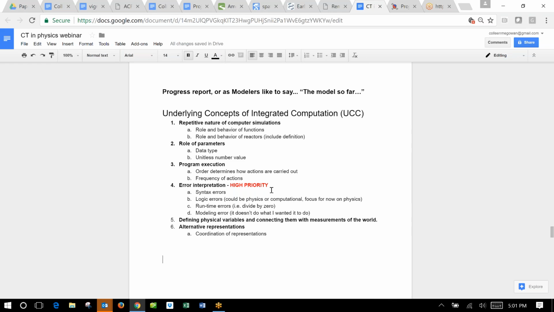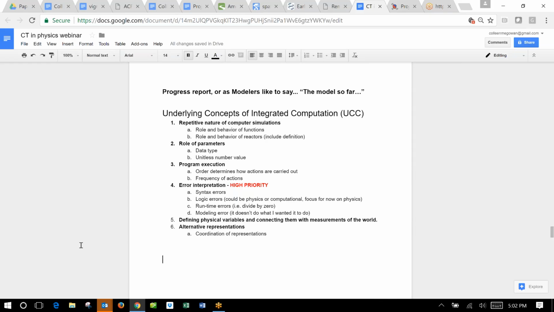So this has been a really big issue. And then defining physical variables and connecting them with the world, because that's a big step that wasn't happening with computer science teachers. It was happening with physics teachers in the workshop last year that everybody was kind of interested in.